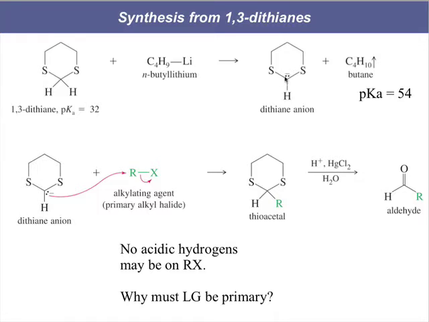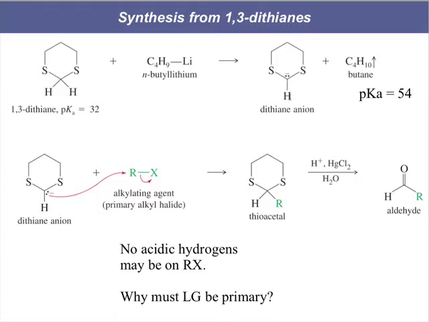Just for comparison's sake, remember that the pKa of an alkane like butane is 54. So comparing the acidity of butane to the acidity of dithiane, our dithiane is much more acidic. So if we have the conjugate base of butane and butyllithium, the reaction will proceed forward to move the negative charge from the worse carbon to the better carbon.